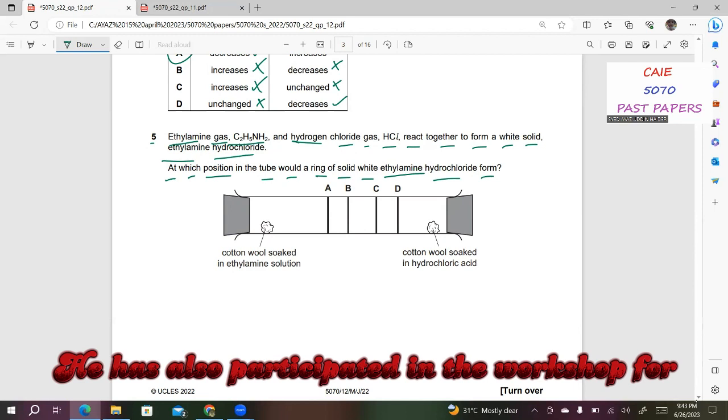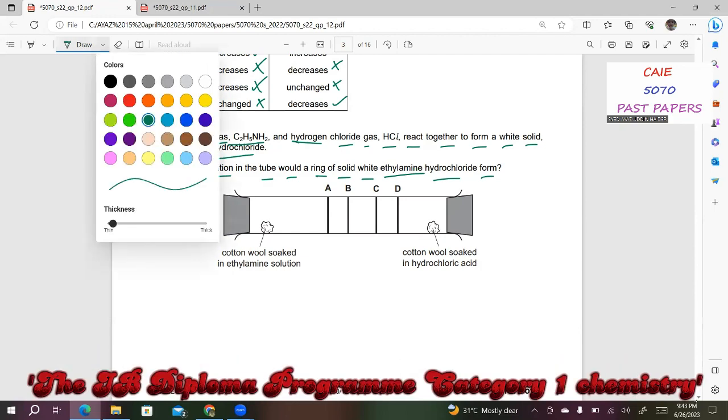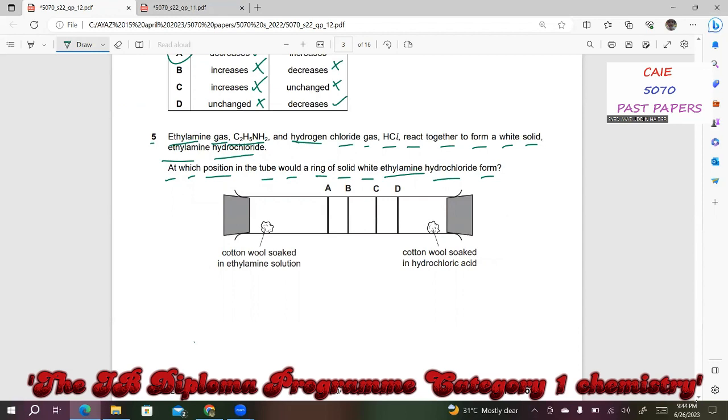I am going to calculate the Mr of both of these, so we can easily compare the movement of these gases along this tube.